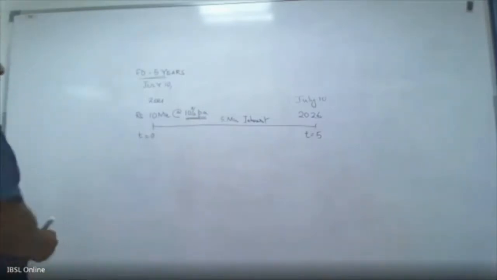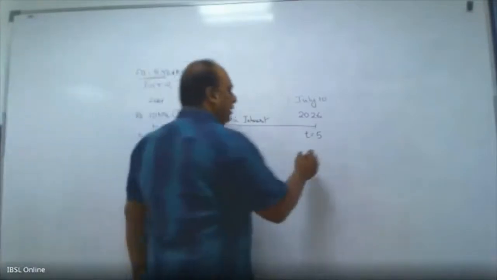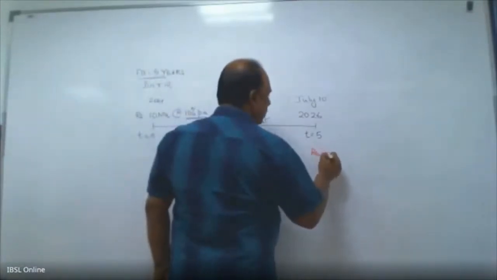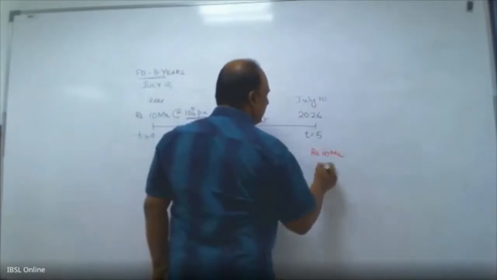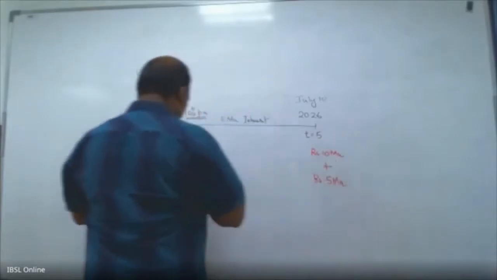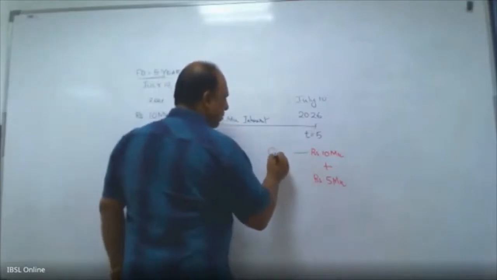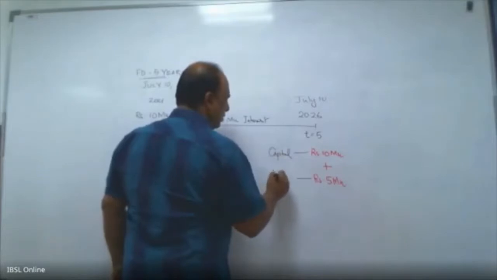This depositor or the customer will come to you and you will have to pay rupees 10 million plus rupees 5 million. What do you call this? This is capital. This is interest.